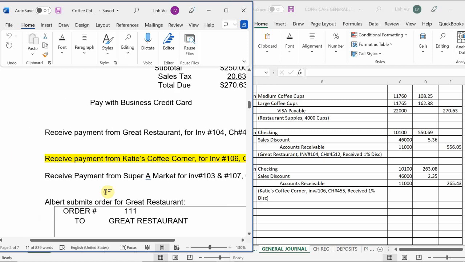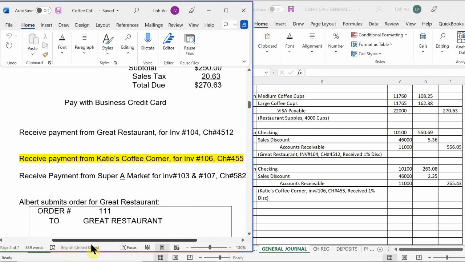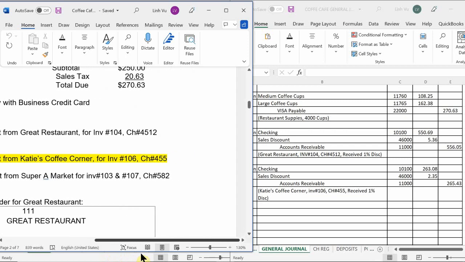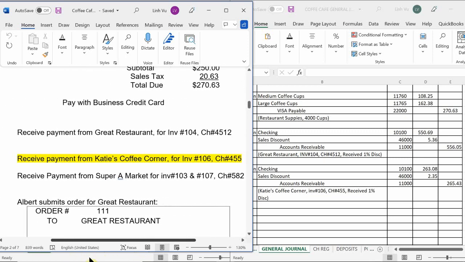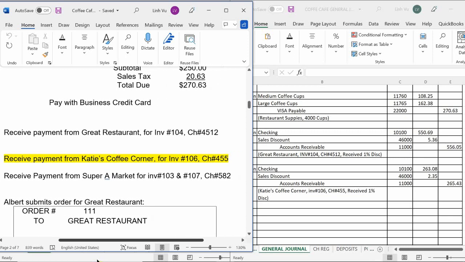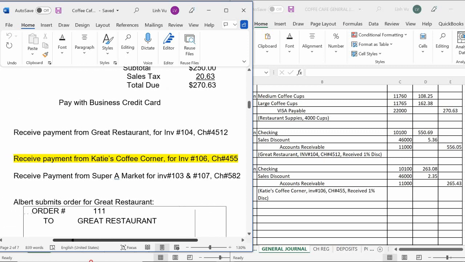Okay. So this is what happened next. We end up receiving a payment from Super A Market for invoice number 103 and 107 using check number 582. So it looks like everyone's cashing in for their discounts at the end of the month. So once again, we received a payment from Super A Market for invoice number 103 and 107.